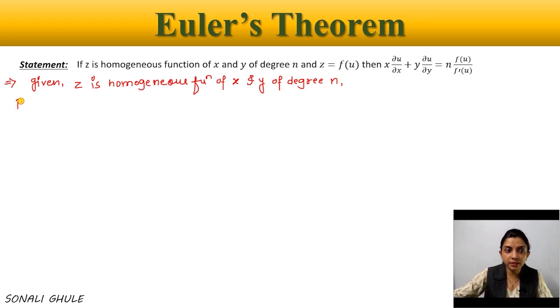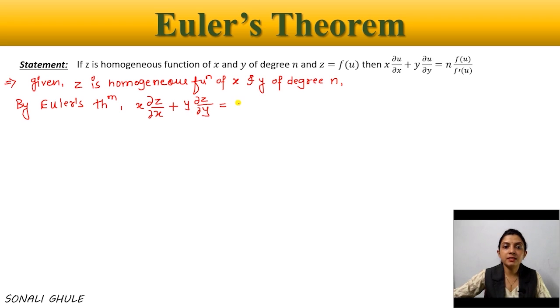So by Euler's theorem, what can I write? Yes, x into dou z by dou x, not u, because z is homogeneous. So x into dou z by dou x plus y into dou z by dou y is equal to nz.